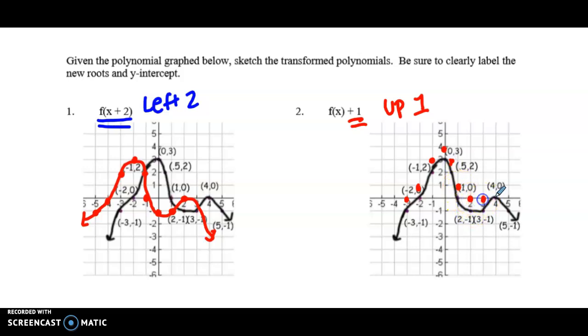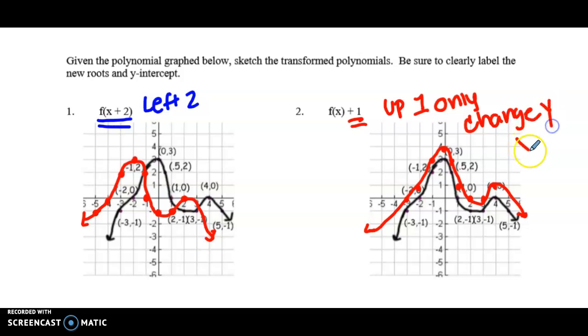Now if you wanted to figure out what the ordered pairs were here, think about this for a second. This up 1 is only going to change your y values. So basically you're going to add 1 to each y value.